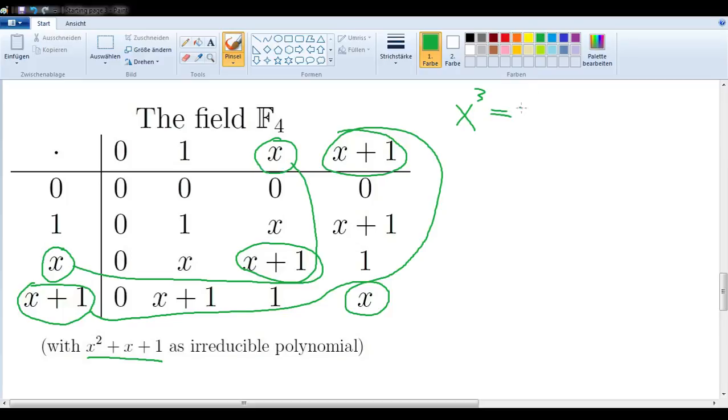x cubed is simply equal to x squared times x, and x squared, as we've just seen, is equal to x plus 1. We multiply that out and have x squared plus x.